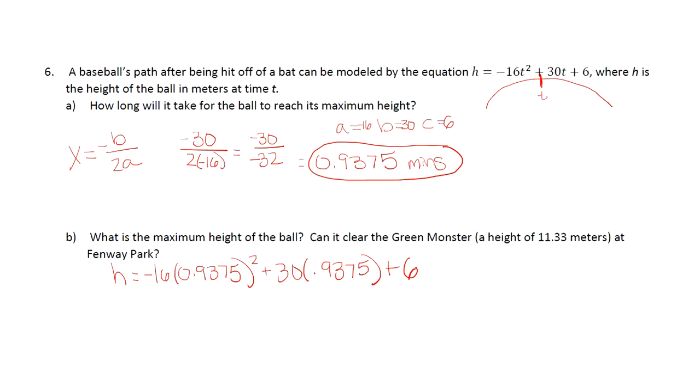Now you're going to go into your calculator and you're going to want to find out what the answer is for this. And I get something close to 20.06 meters, right? If you plug it in correctly, you should get something like 20.06.